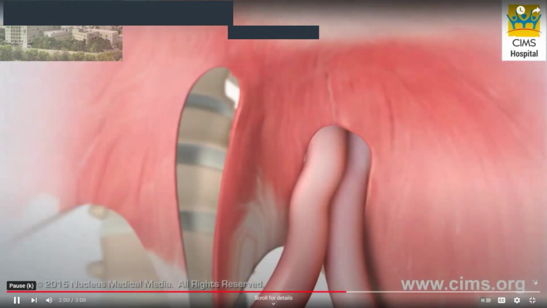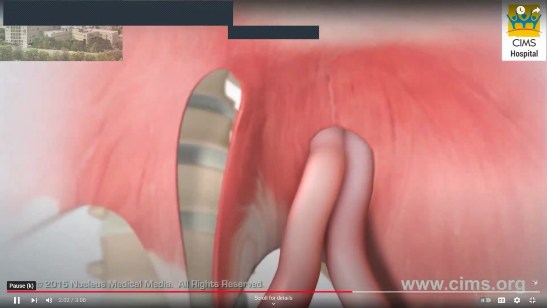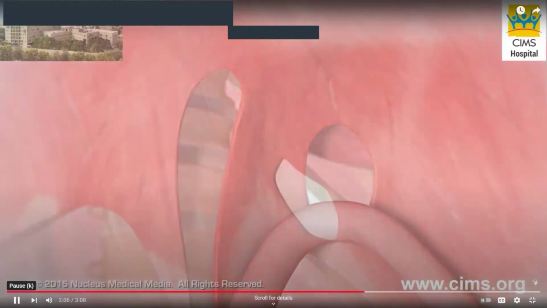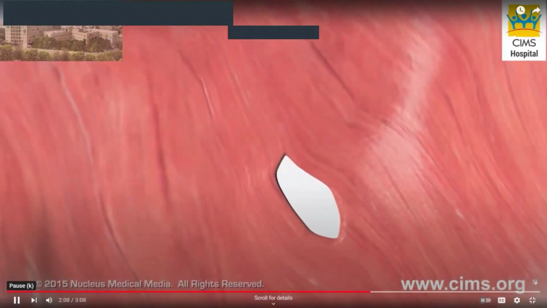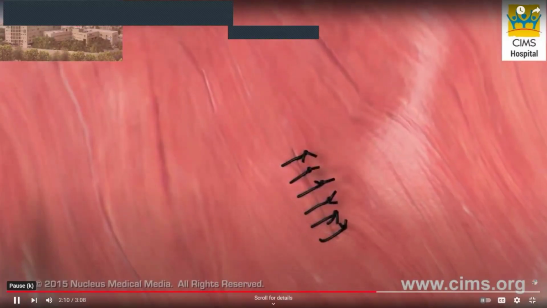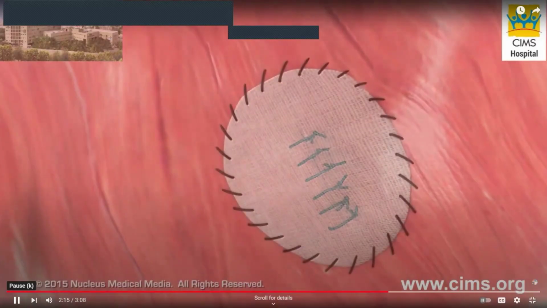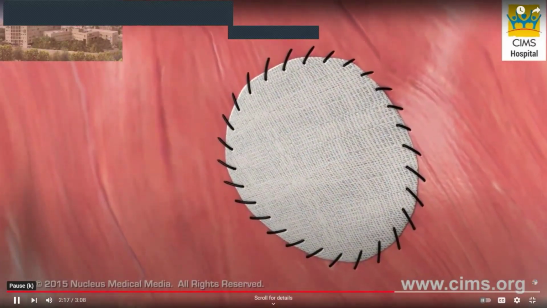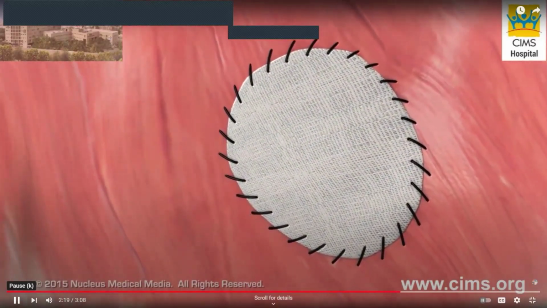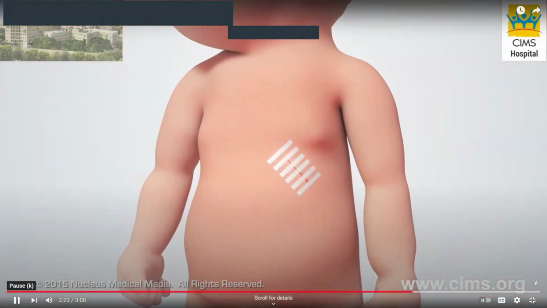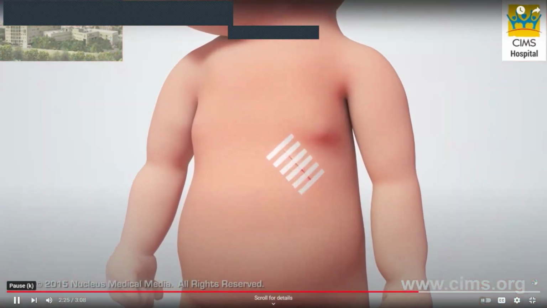Next, the surgeon will carefully move the abdominal organs from the chest back to their normal place in the abdomen. If the hole in the diaphragm is small, it will be closed with sutures alone. If the hole is too large or there isn't enough muscle to close it, a patch will be sewn over it. Finally, the incision will be closed with dissolvable sutures or closure tape dressing.